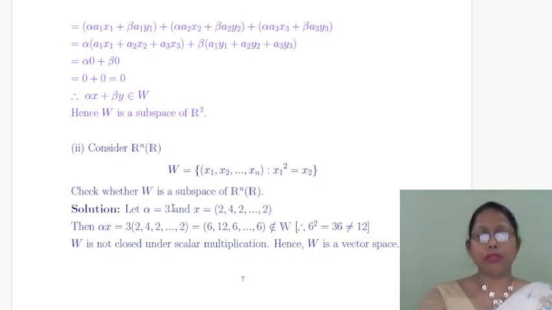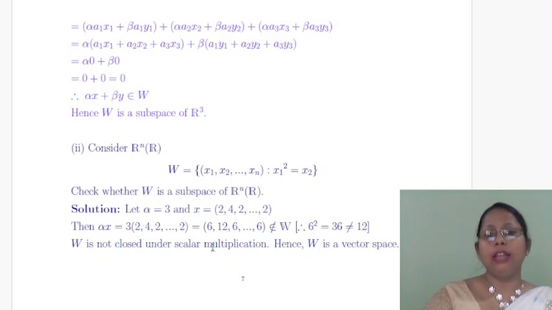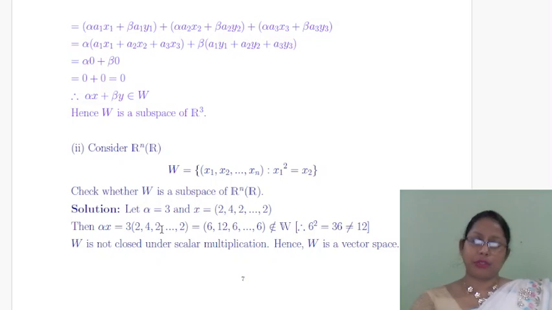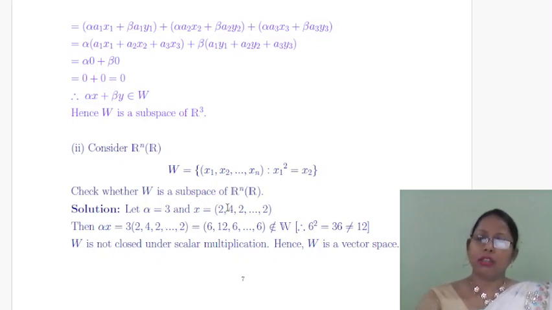Second example: consider Rn over R, W to be the collection of all n-tuples of the form (x1, x2, up to xn) where x1 squared is equal to x2. Check whether W is a subspace of the vector space Rn over R. Solution: we take alpha equal to 3 and x equal to the tuple whose elements are 2 except the second element, which is 4.